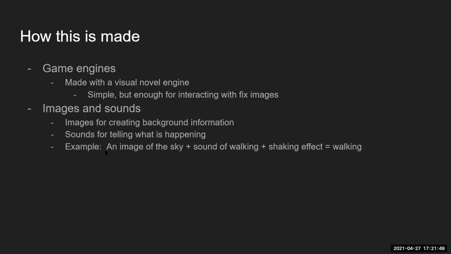So I have an example here. If there is an image of the sky and there is the sound of walking, and there is even an effect of the screen shaking vertically, it means the character is walking, because you can link everything together and imagine he is actually walking.